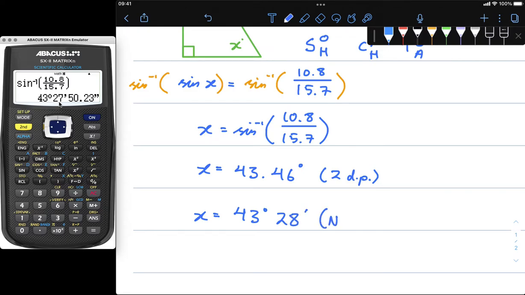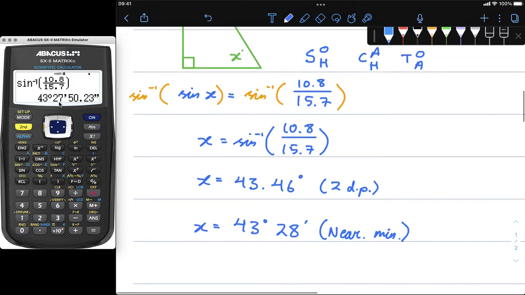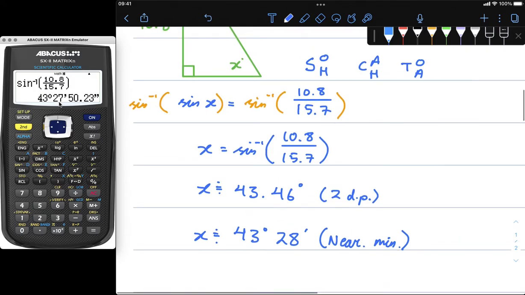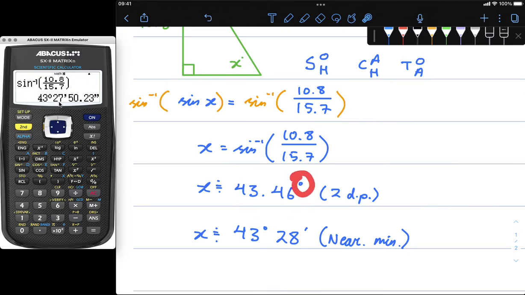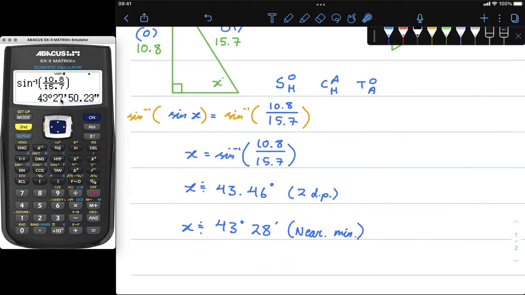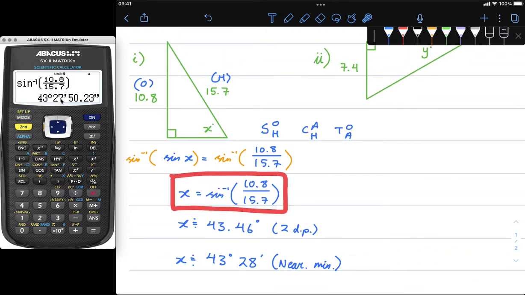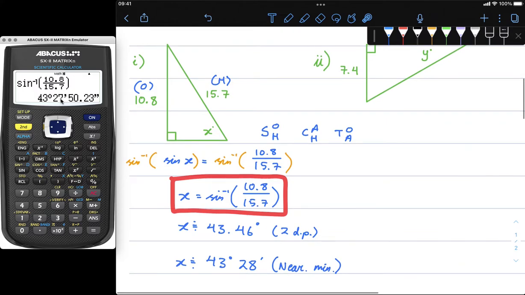We write this to the nearest minute. Sorry, that should be an approximate symbol. Depending on how it's been asked to round, you could round it to the nearest 2 decimal place, which will always be in degrees, or round it to the nearest minute, which is in degrees, minutes, and seconds. In any case, the main focus here is that you've learned how to calculate missing angles using inverse sine.